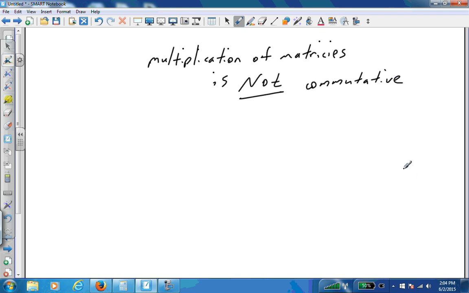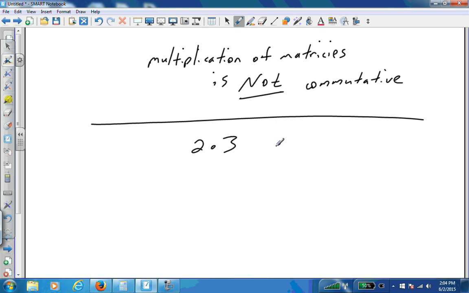The order does matter, which is something that's new to us. Things we've done in the past, it didn't matter which order we multiplied. If we took two numbers and multiplied them together, we would get the same thing if we changed the order. That's not so for multiplying two matrices together. So that's one thing we have to be careful of in the future.